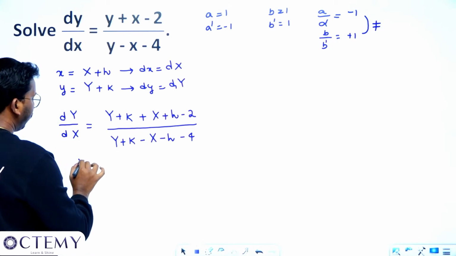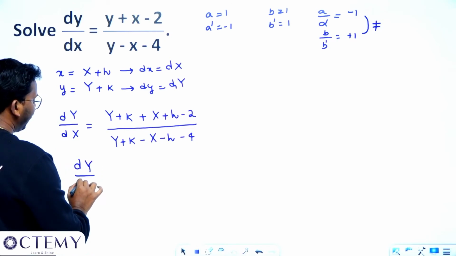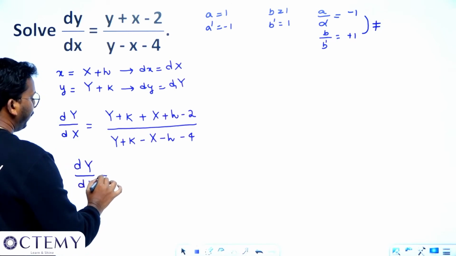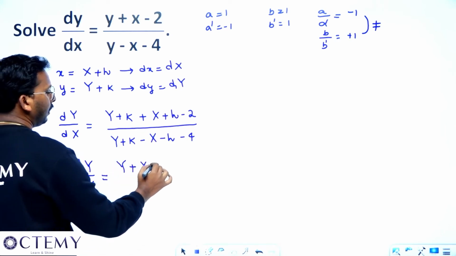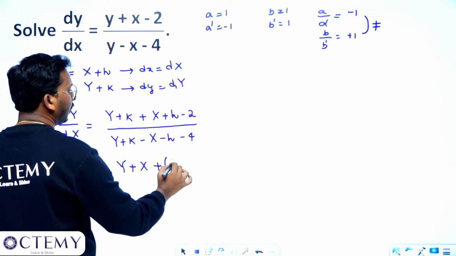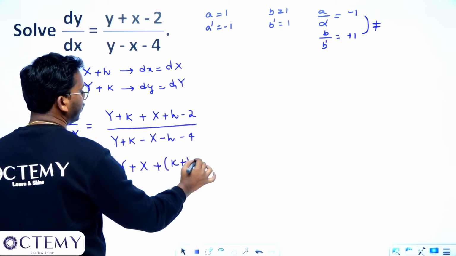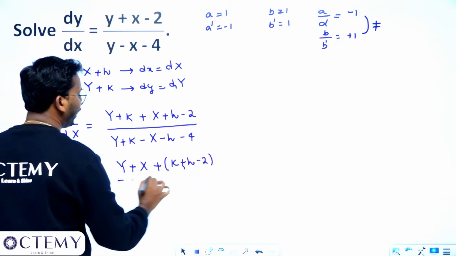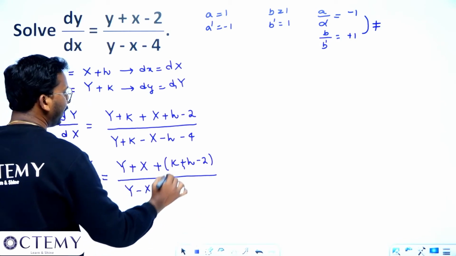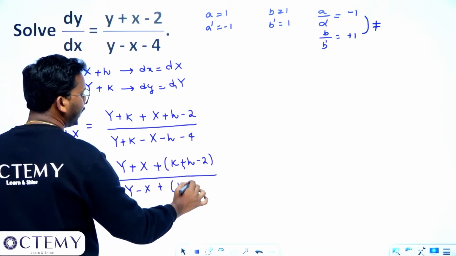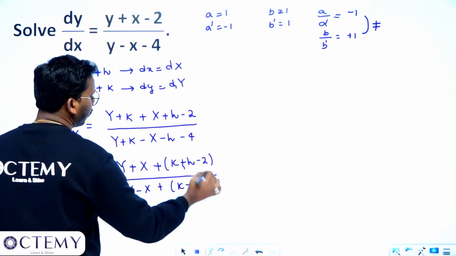So this will become dY/dX = (Y + X + k + h - 2) / (Y - X + k - h - 4), right?